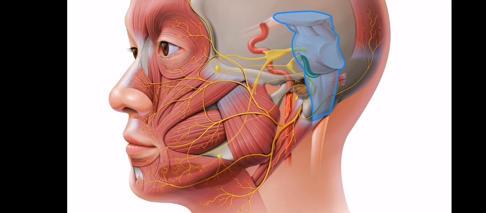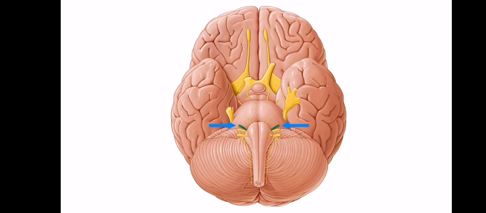Coming to the intracranial part, the diagram represents the brainstem and the intracranial portion of the facial nerve highlighted in green. If we look at the brain from the inferior view, the facial nerve here is highlighted in green.